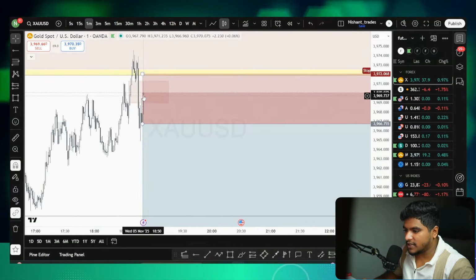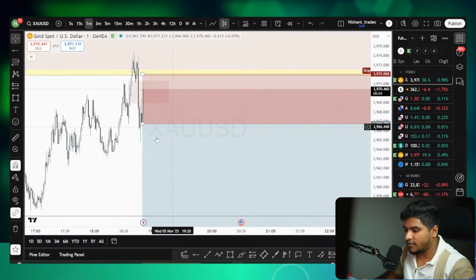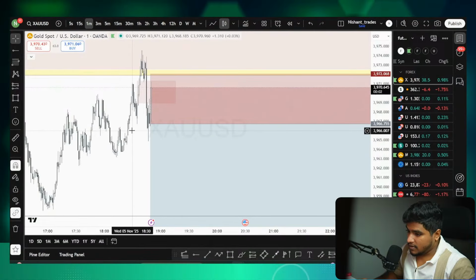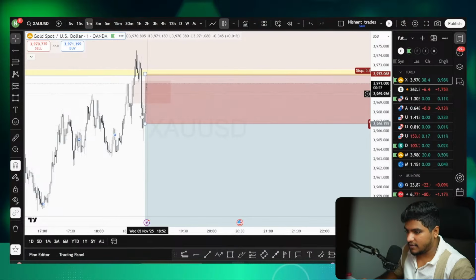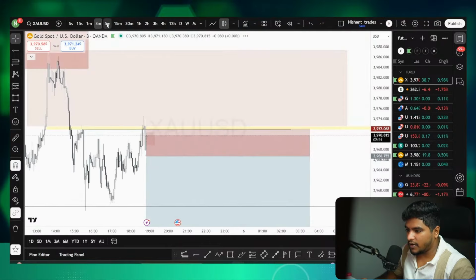Let's see how price builds further. If it slowly and gradually starts forming lower highs, lower lows, we can actually have conviction in this. Totally depends on how it builds up now.